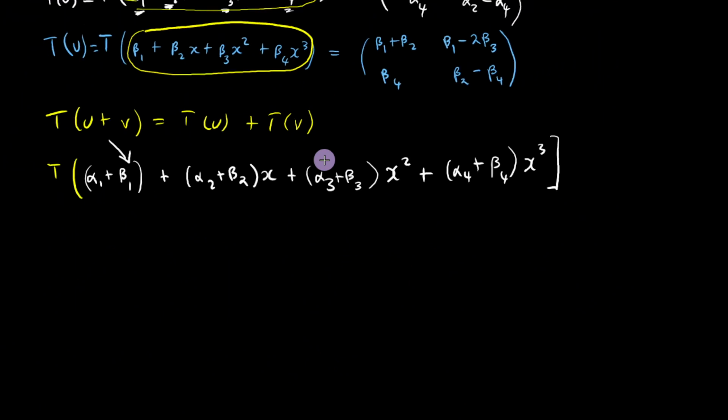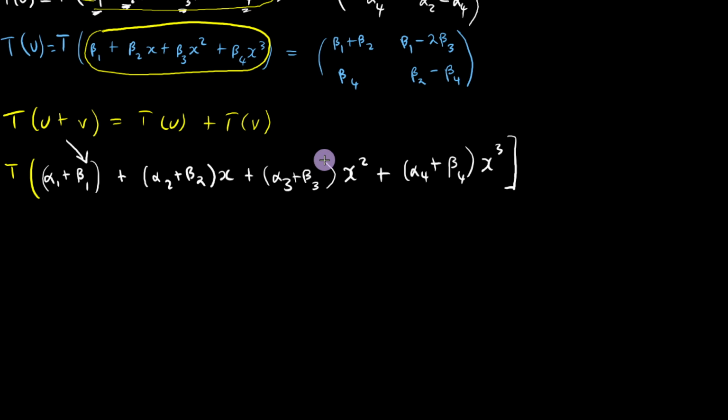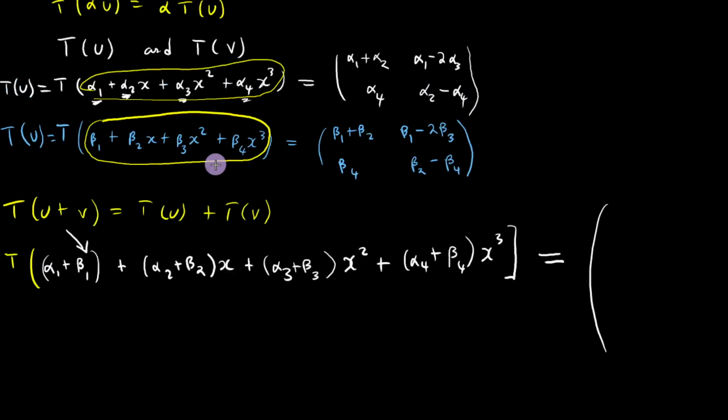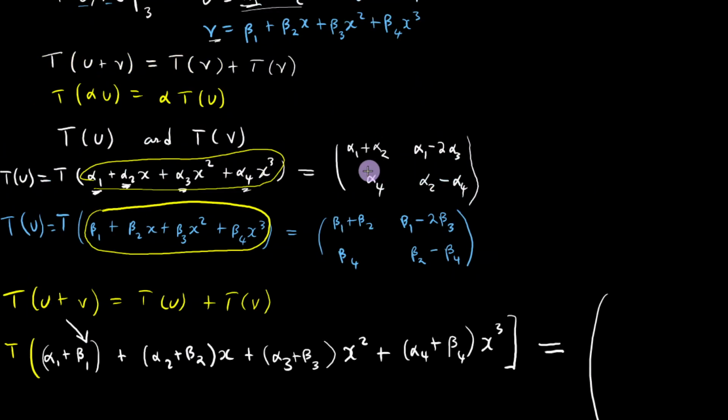Okay, so we need to transform this given equation here. So according to the transformation, we follow the definition. According to the definition, the first entry here is the sum of the constant, which is alpha 1 in this case.